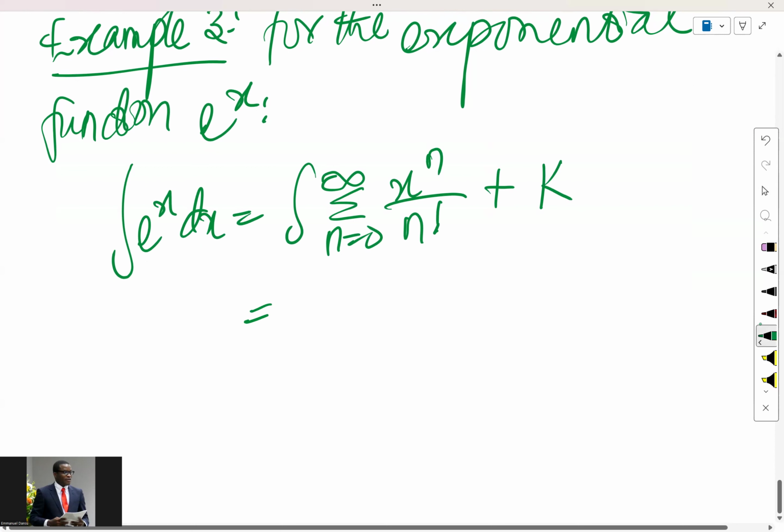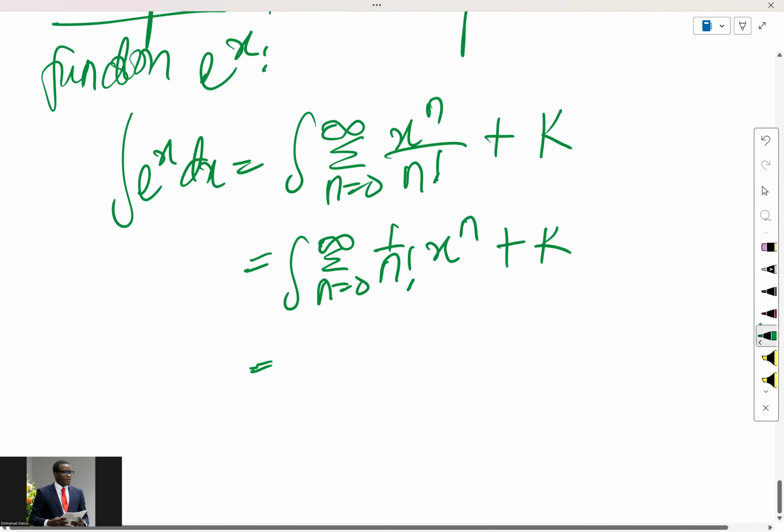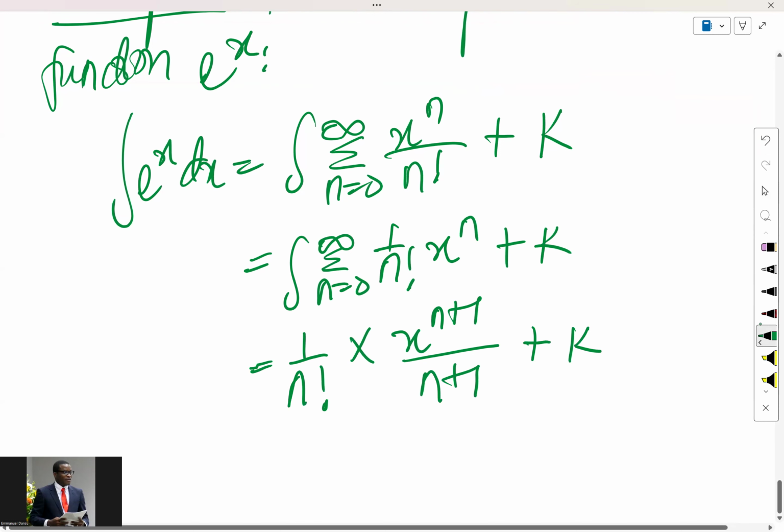So in this case, you can rewrite it as the summation from n equals 0 to infinity of 1 over n factorial. We keep that aside so we can have only x to the n here, plus k. So we can now have the integral. If you integrate that now, you have 1 over n factorial times x raised to power n plus 1, increase the power of x by 1, divided by the new power n plus 1, and then of course plus k here.